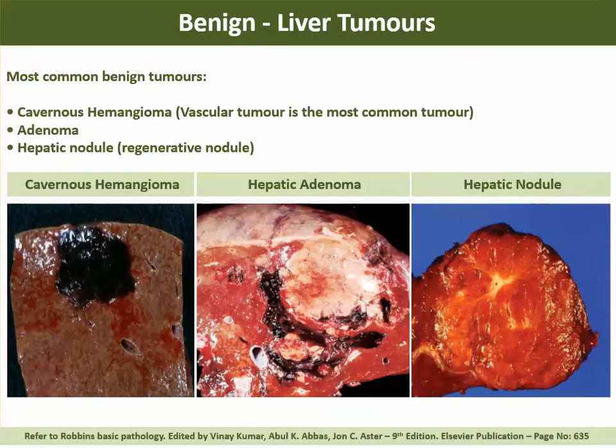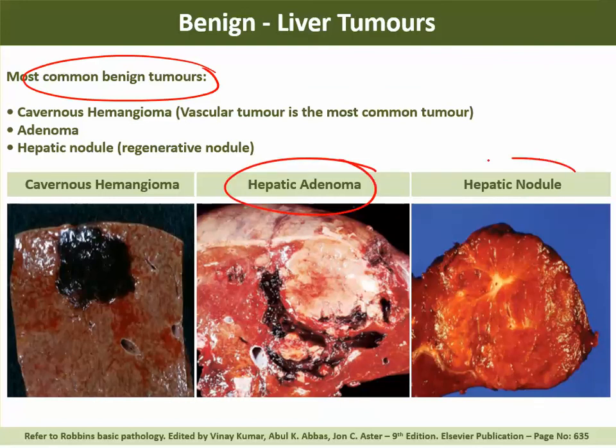Now coming to benign tumors. Among the most common benign tumors, hepatic adenoma and hepatic nodule are important. A hepatic nodule is not a tumor, but it is confused with hepatic adenoma. Hepatic nodules are nodules formed during cirrhosis.